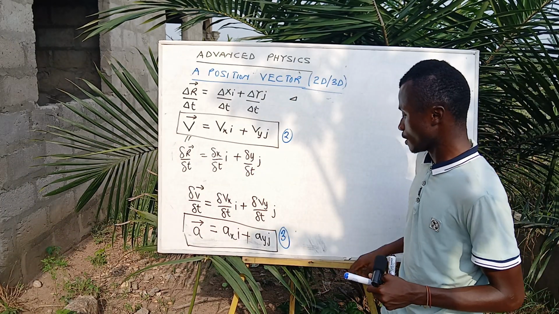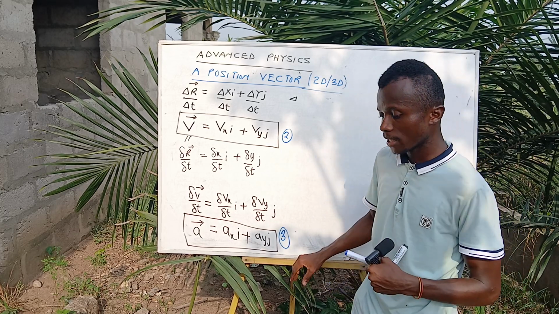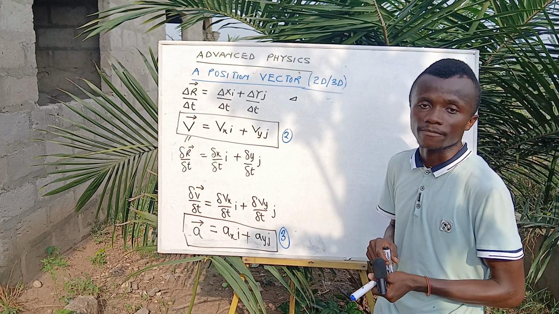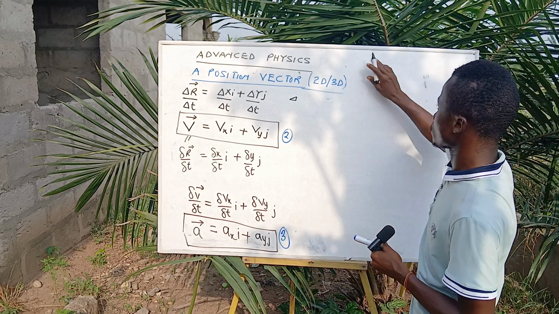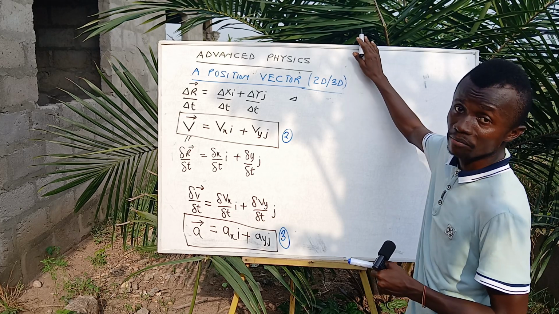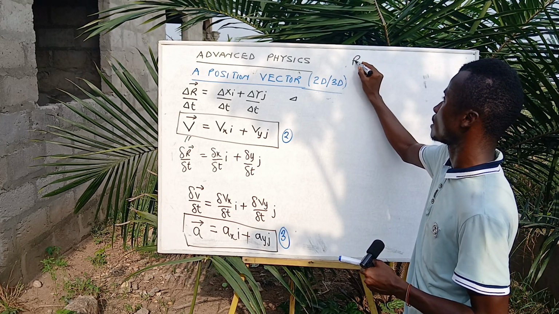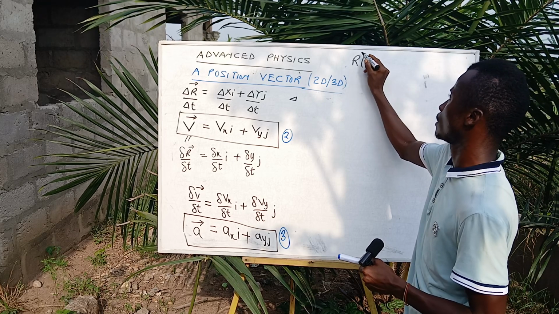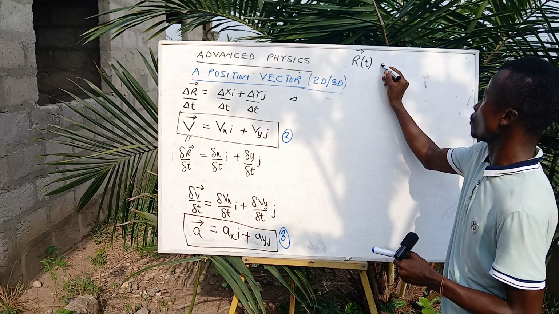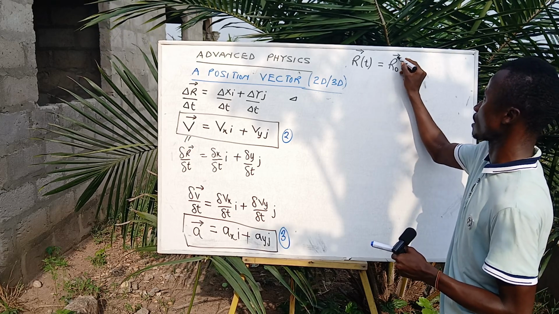So let's conclude the episode by writing the new kinematic equations put forward by Newton as vectors. The first was a position function, and in one dimension it was x of t, and now it is going to be r of t, which is a vector, equal to the initial position r naught, which is a vector now.